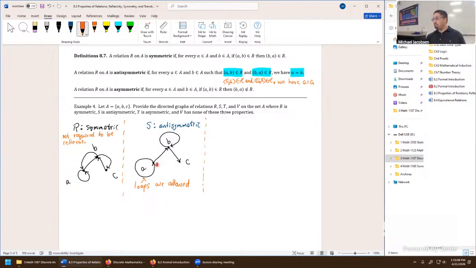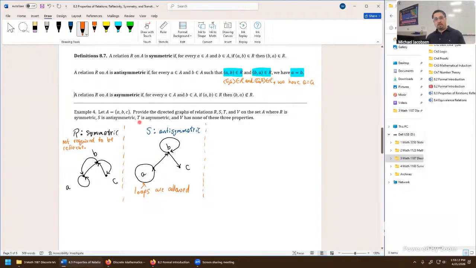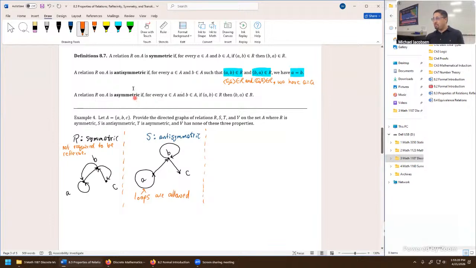So now we have to look into what's different with asymmetric. And thinking in terms of how they wrote these definitions, they are pretty strange definitions in a certain sense. In the ordinary English language, antisymmetric versus asymmetric sound like they're synonyms, but these definitions mathematically are truly different.